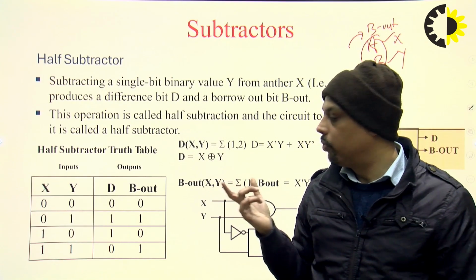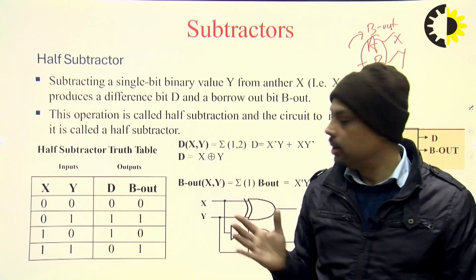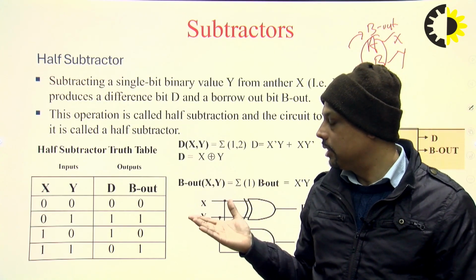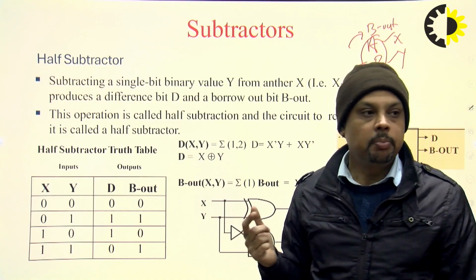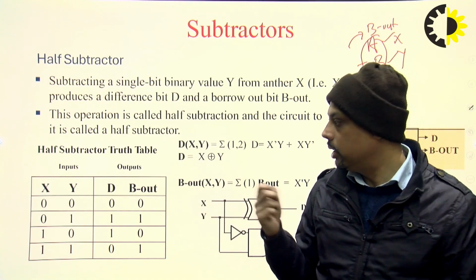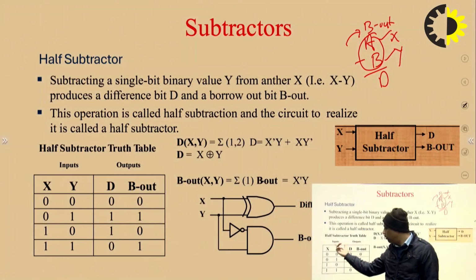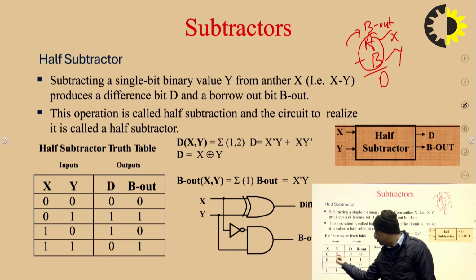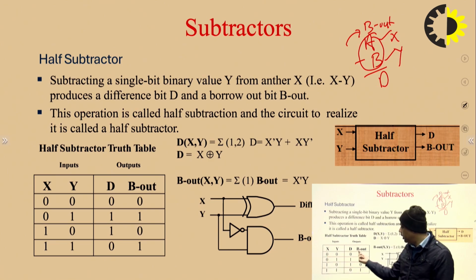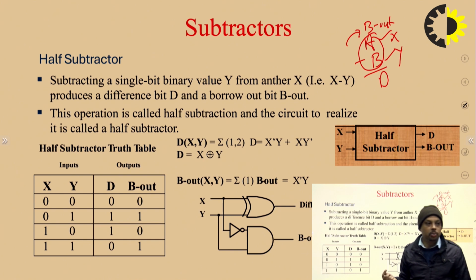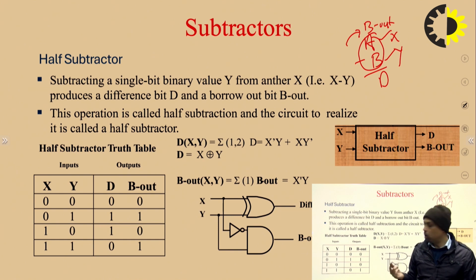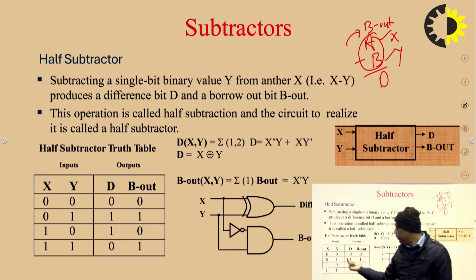Only these 4 combinations exist when we subtract a single bit number from another single bit number. For the possible outputs, when y equal to 0 is subtracted from x equal to 0, the difference is 0 and no borrow is required, so the borrow is again 0.